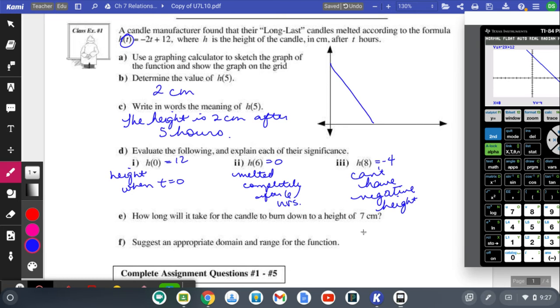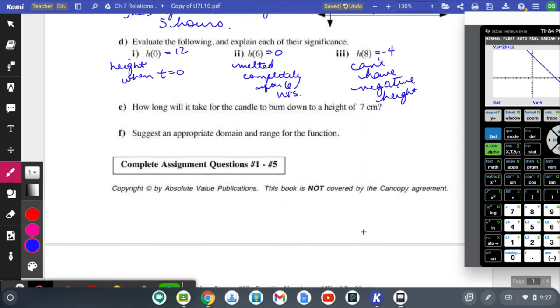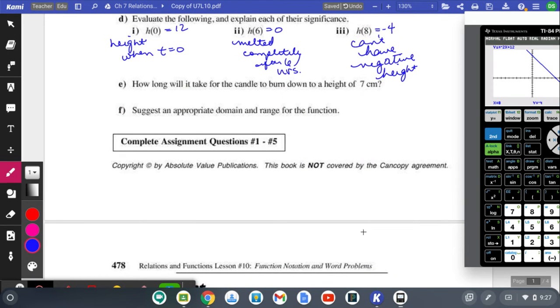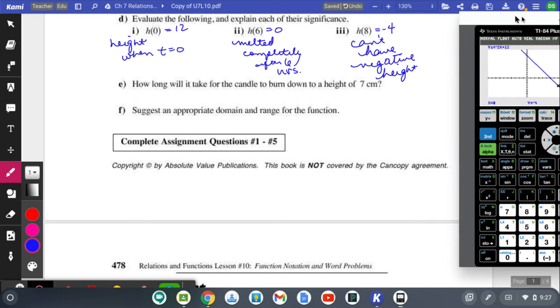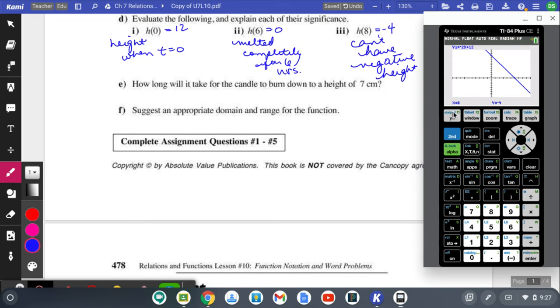How long will it take for the candle to burn down to a height of 7? That's y equals 7. How do we do that on our calculators? Go to y equals, hit 7 on your y2.